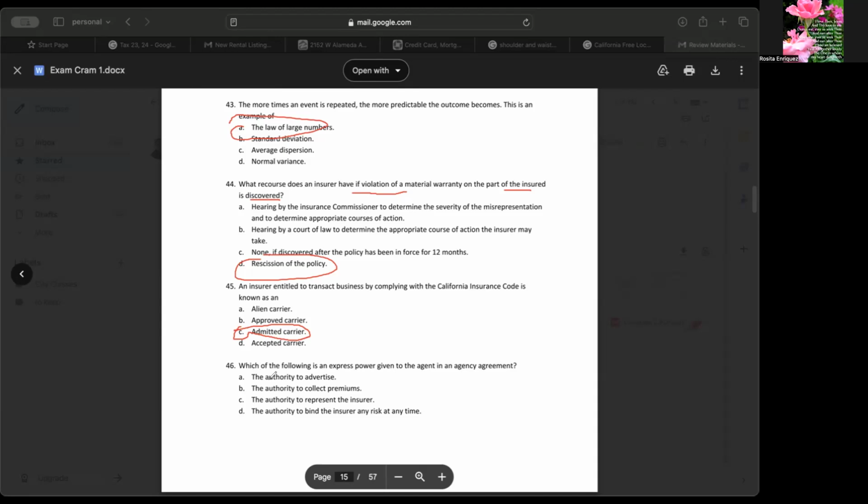Number 46. Which of the following is an express power given to the agent in an agency agreement?